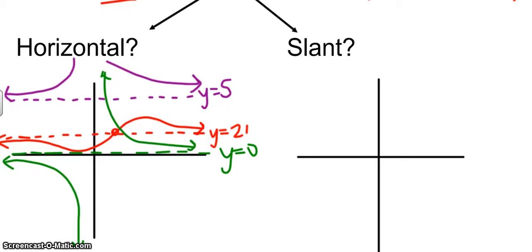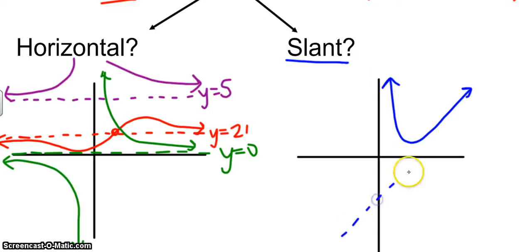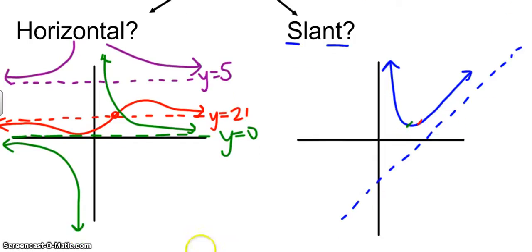The other kind of end behavior asymptote that you might encounter is what we call a slant asymptote. So instead of running on a horizontal line as you get out to infinity, remember you can cross over the horizontals, you might have your function that, let's say your function looks like this, as a piece of it, and this function might be running to infinity in the same way that this linear function is running to infinity.